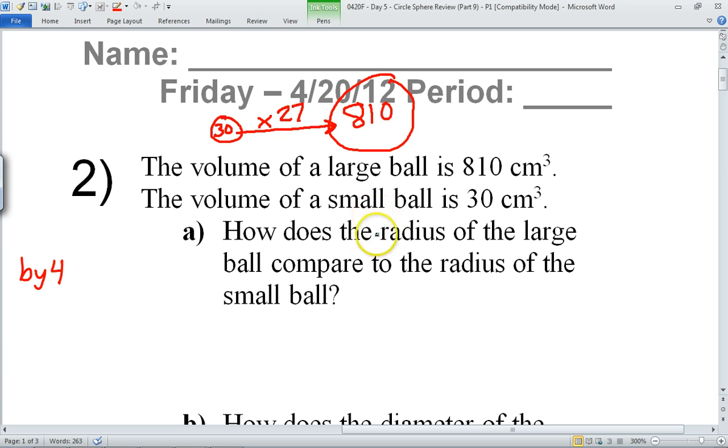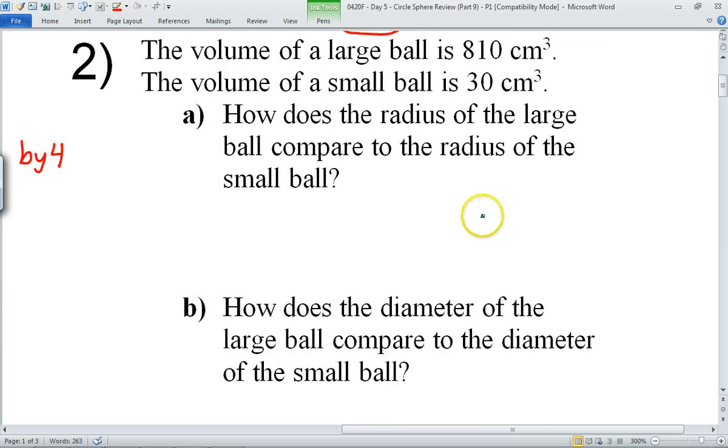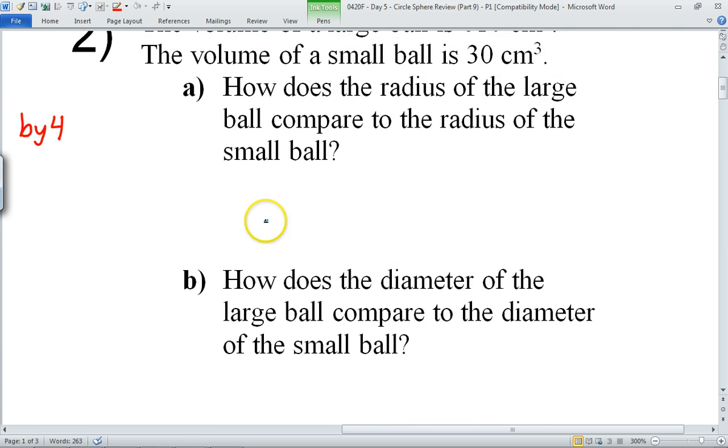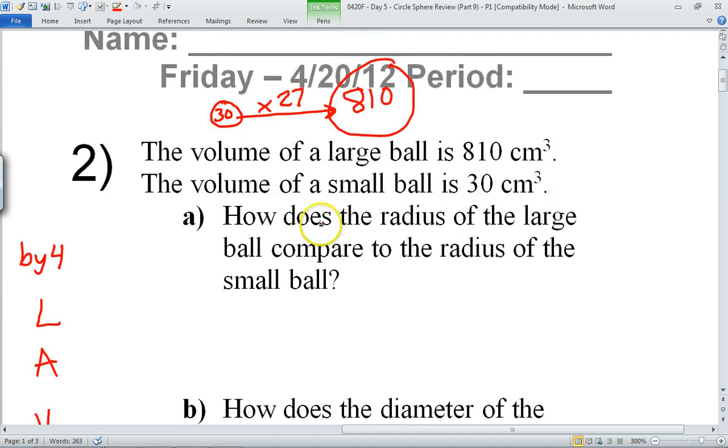Okay? So let's set up our calculations. All right, so we know the volume is that much bigger. So here's our thought process. I'm going to do this off to the side. Let me make sure you can see it. We always do length, area, and volume. Okay? This time we know volume first.